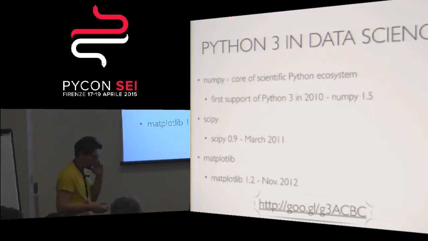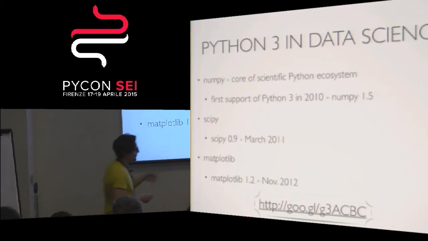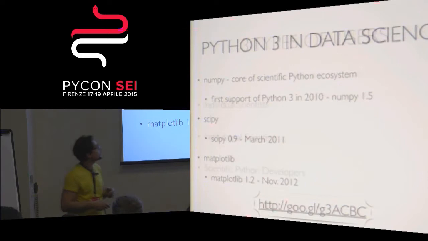Actually, this is the point I would like to emphasize with this talk. I would like to talk about the different categories of data scientists that are willing to switch to Python 3. This is the link for the article I would like to reference for you. That's very interesting.